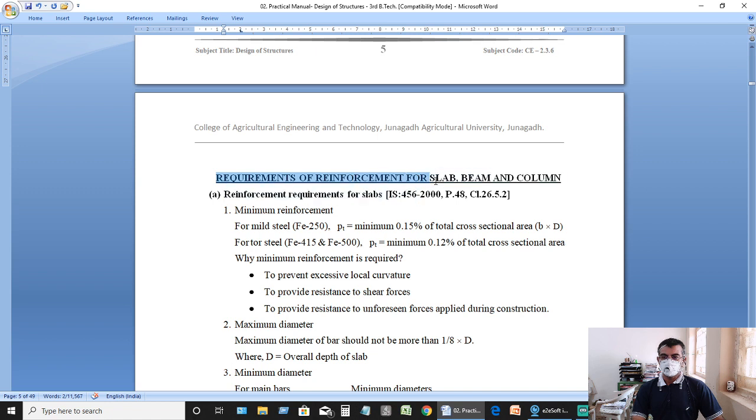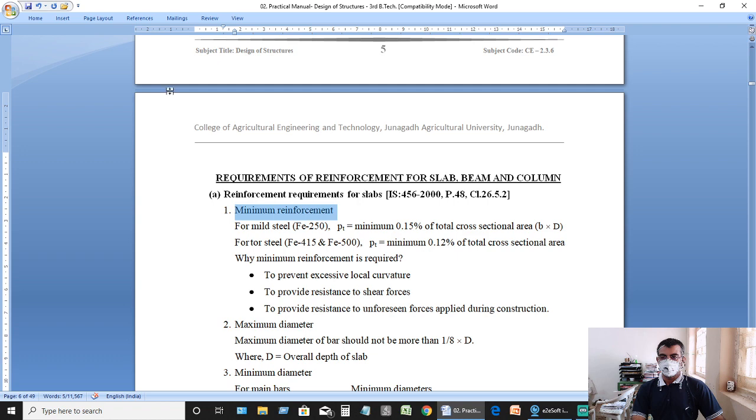Now the requirements of reinforcement for slab, beam and column. That is given on page number 48, clause number 26.5.2. Reinforcement requirement for the slab.